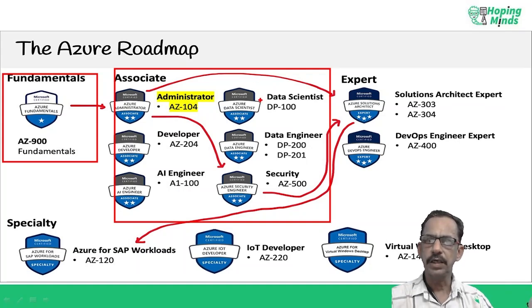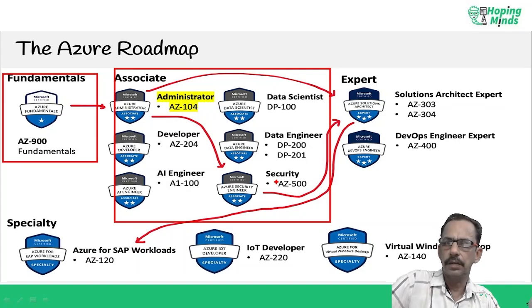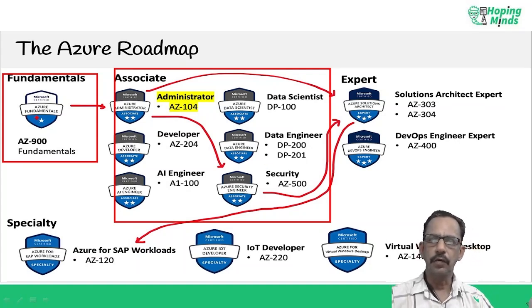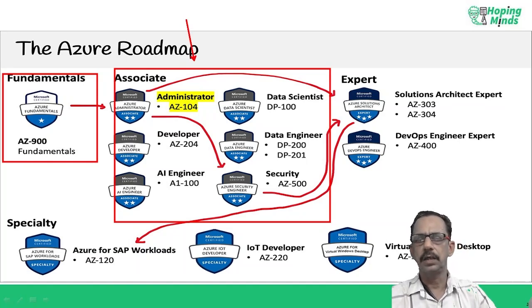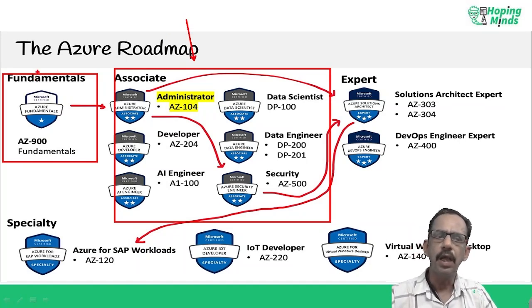You can go for data scientist, data engineer, and security. After the fundamental, go to the associate. Otherwise, not necessarily. If you have 2, 3, 4 years of experience, you can directly appear for the associate level rather than wasting money on the fundamentals.